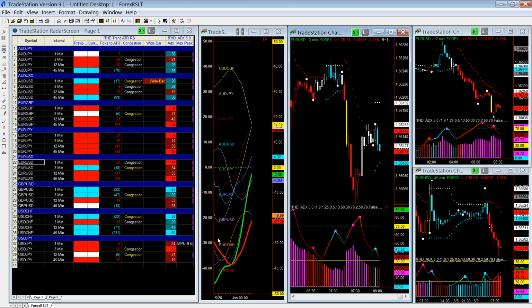The major difference between TradeStation and NinjaTrader, and the same applies to multi-charts and NinjaTrader, is the fact that in multi-charts and TradeStation we have either the radar screen or the market scanner, so we can actually monitor all the time frames in one screen.